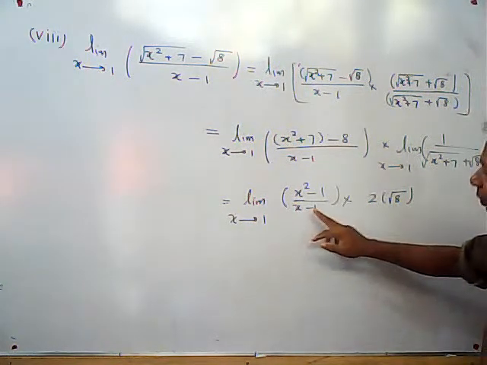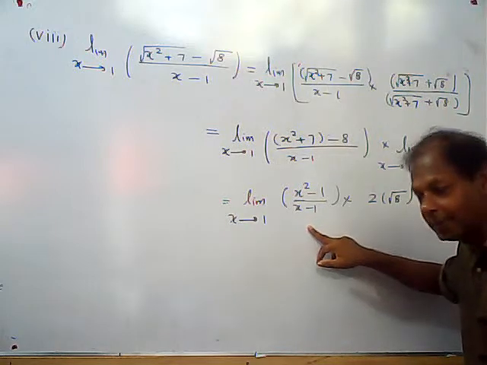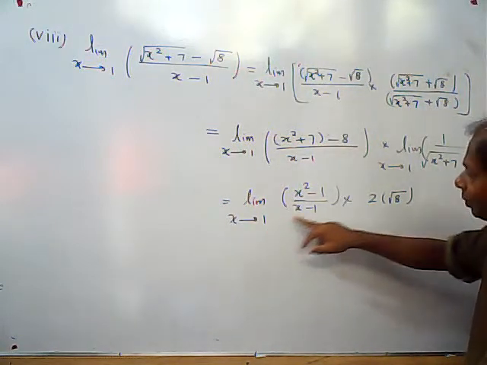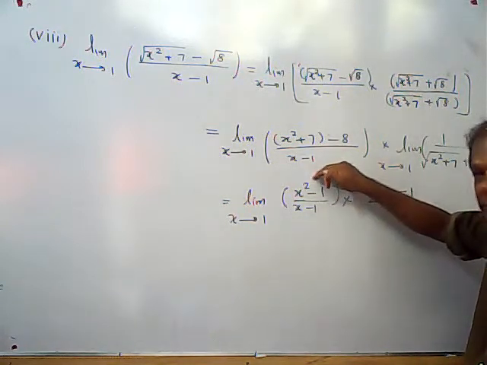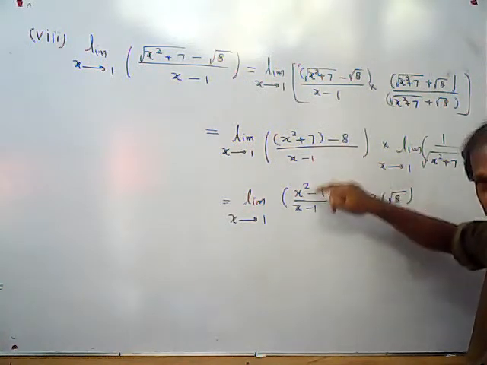Now what do you do here? When you reach here, still the problem is there. As x goes to 1, it will go to 0. This will also go to 0. It looks like 0 over 0.